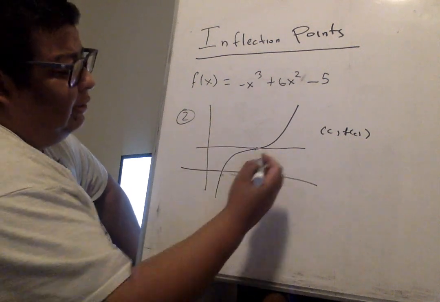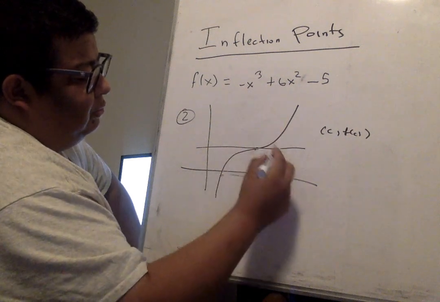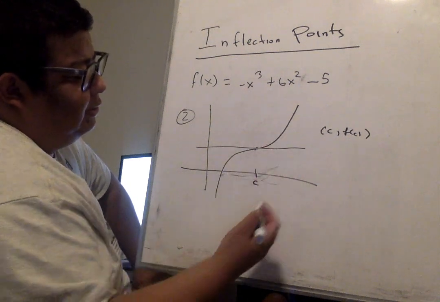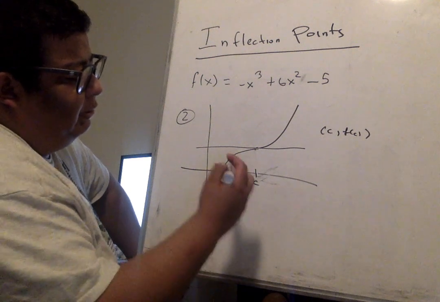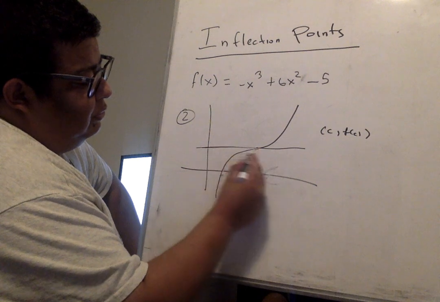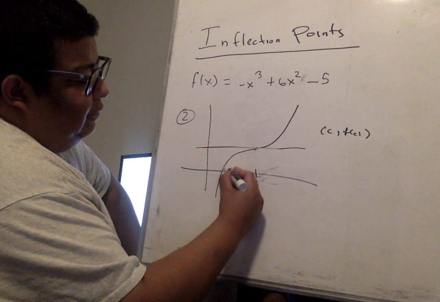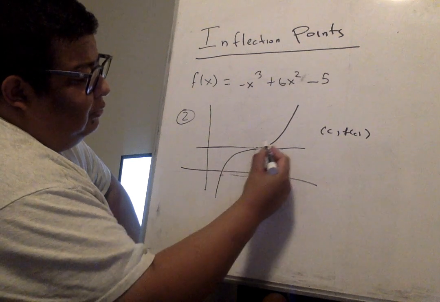So first of all, the tangent line has to exist when there is an inflection point. It has to be horizontal, going up, and on the next example I'm going to show you, it's going to go vertically. So here the tangent line is horizontal. So here it switches from concave down to concave up.